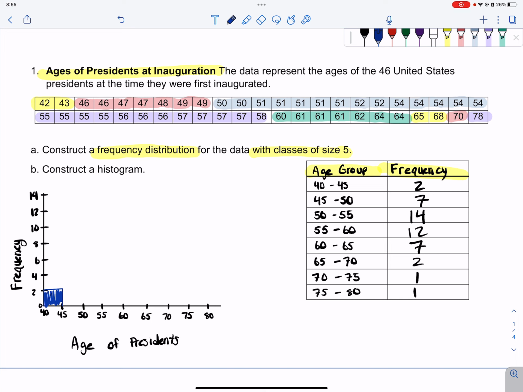And then 45 to 50, there was 7 people in that, 7 presidents. So I'm going to go up to a height of about 7 and then bring that bar down. And then the next one, 50 to 55, we need to bring that up to 14.